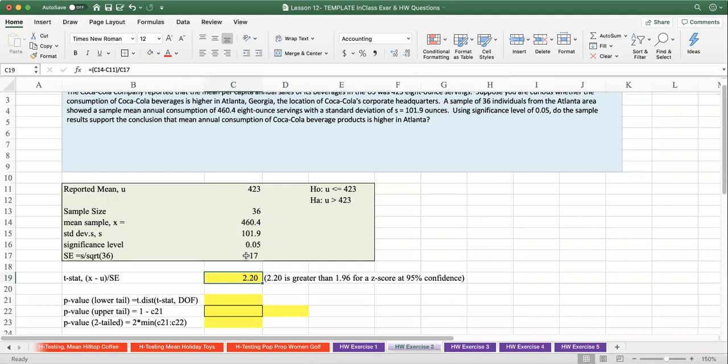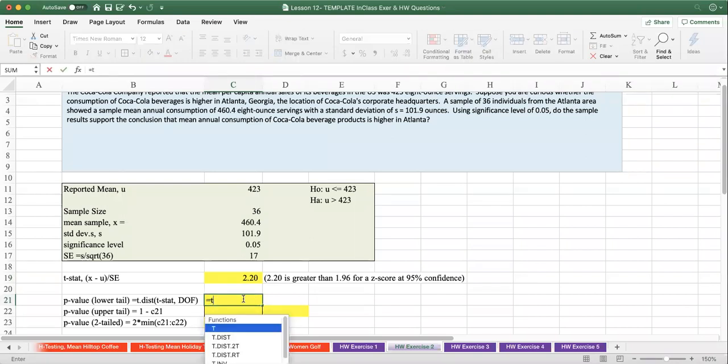So here, we're looking at a 95% confidence interval, because the significance level is 5%. We can tell already it's outside of this z-score, outside of this value for a 95% confidence interval. But let's keep going and get this p-value so you can see how this is done.